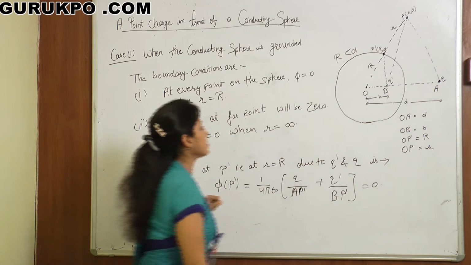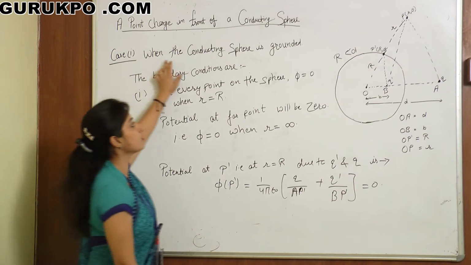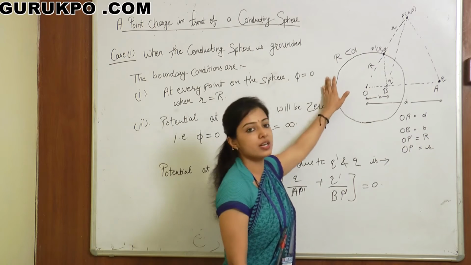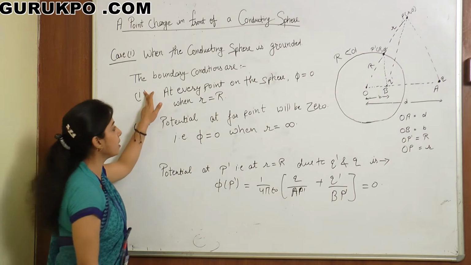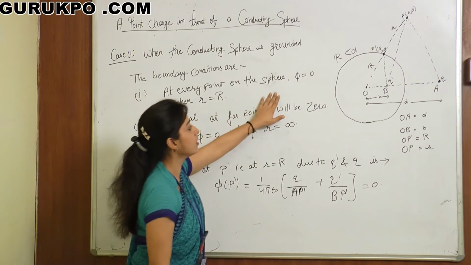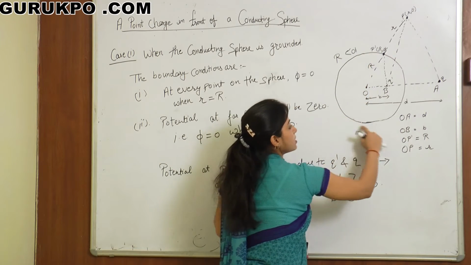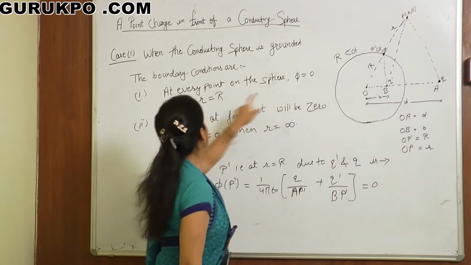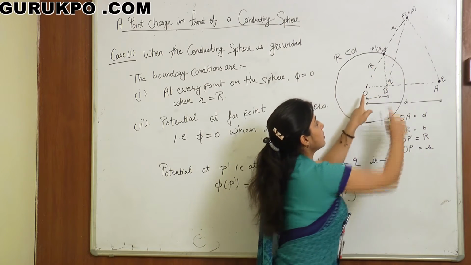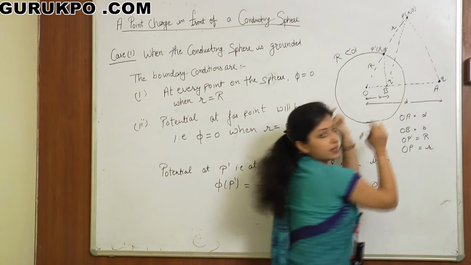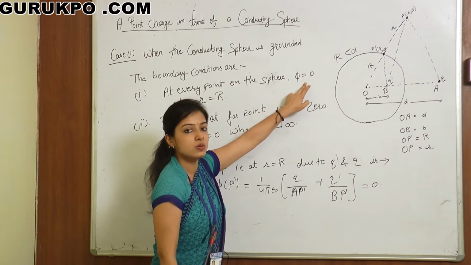In this case we have three cases. The first case is when the conducting sphere is grounded. Now this sphere is grounded, and for this the boundary conditions will be: at every point on the sphere, the electric potential will be 0, that is, at this point the radius is equal to R. Therefore the potential phi will be equal to 0.